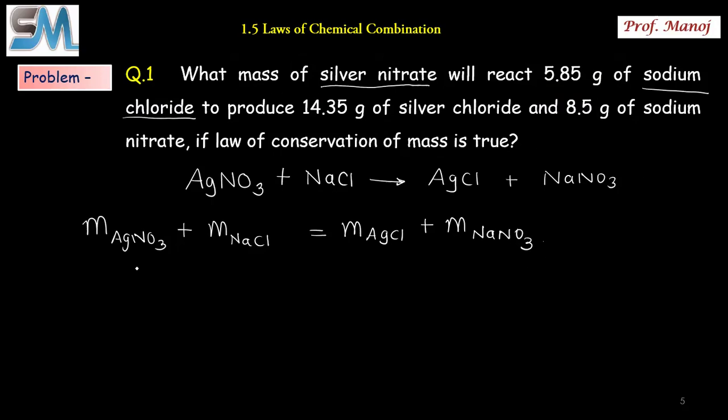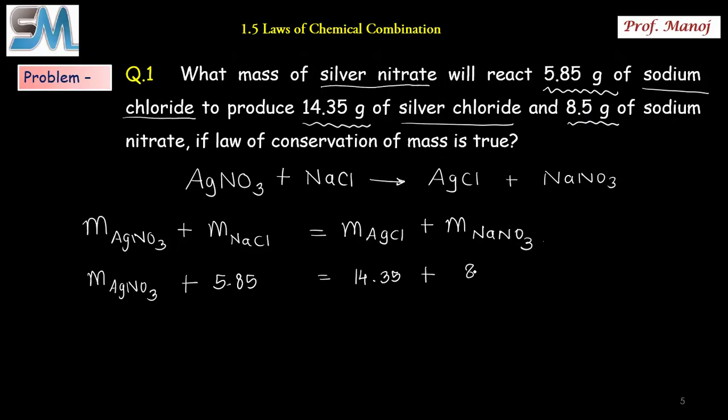What mass of silver nitrate, that means this is to be calculated, will react with 5.85 gram of sodium chloride, to produce 14.35 gram of silver chloride and 8.5 gram of sodium nitrate.